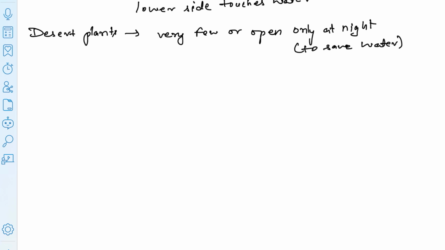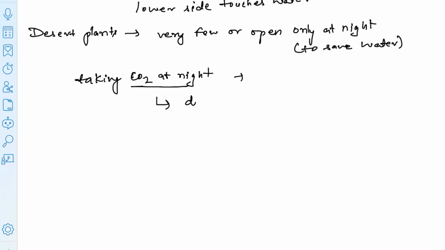So desert plants make their food in the same way as other plants, but they do it smartly by taking CO2 at night and using it during the day. So what they do, take CO2 at night, and then when the light appears or when they get the sunlight, they start the process of photosynthesis.